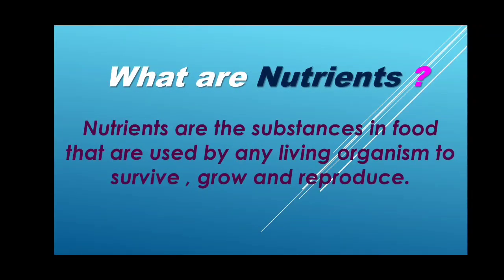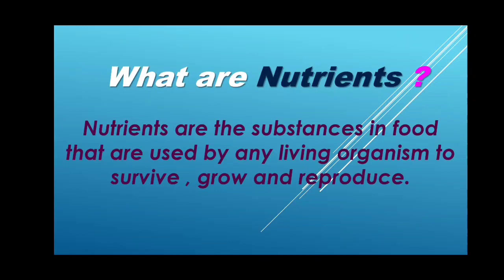Now, nutrients. As you know, food is the fuel to our body. But what is there in that food which produces energy? There must be something very crucial, something very important in our diet, or for that matter in our food, which enables it to produce energy, and that energy is utilized by our body. These very components of our food are called nutrients.